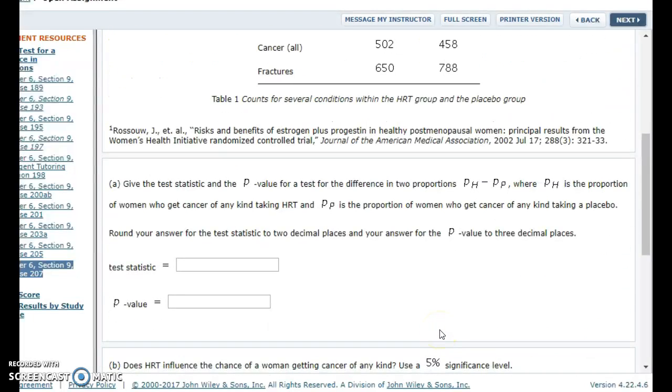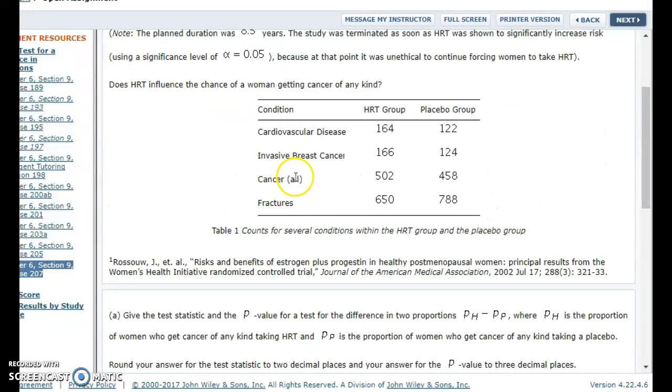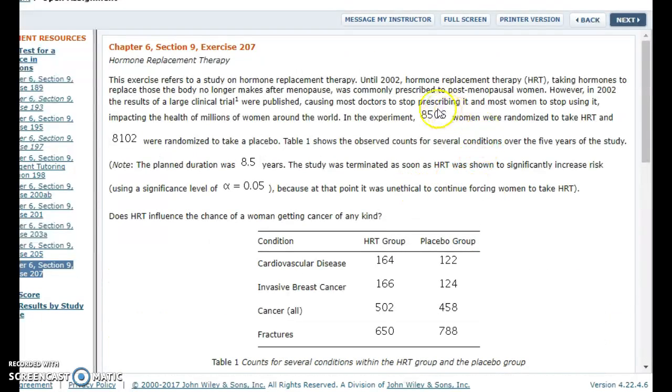So we want to know a test statistic and a p-value, but we've got lots of numbers here, so let's figure out what we're talking about. Test for proportion of women who get cancer of any kind taking a placebo. So we're just looking at these groups right here. So what I need to do is figure out how many people were all in there. Okay, so here's my numbers. All right, happy calculator time.